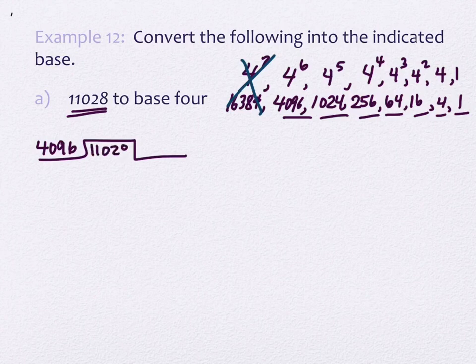11,028. And we divide. How many whole number times does the number 4096 go into 11,028? So 2. What is 2 times 4096? 8,192.